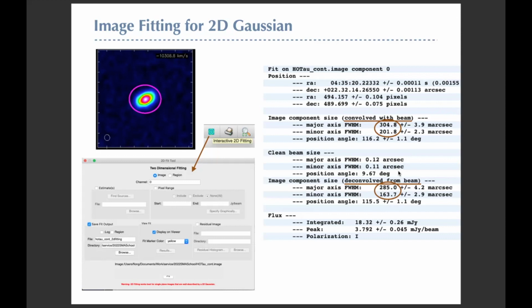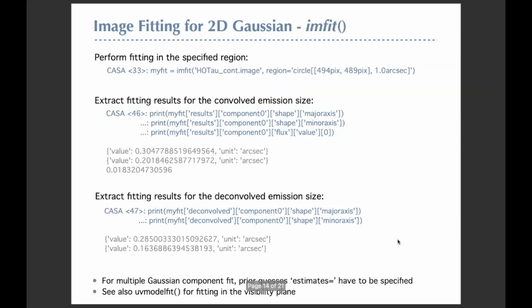This whole procedure can also be scripted within the CASA shell using the task imfit. Here I provide a simple example on how to perform it and how to extract the fitting results. You may notice the keyword component 0, which means the first or the only component in this fitting scheme.